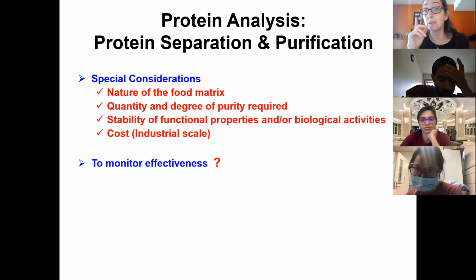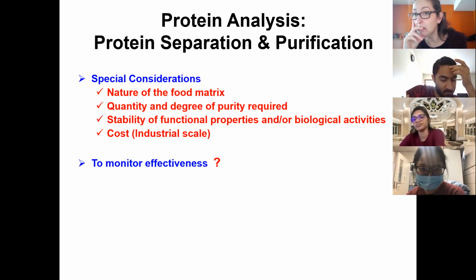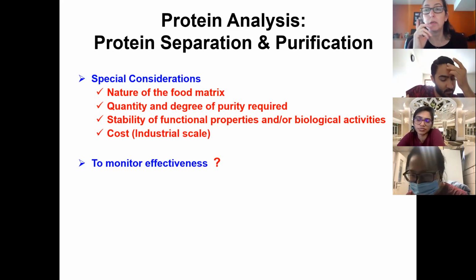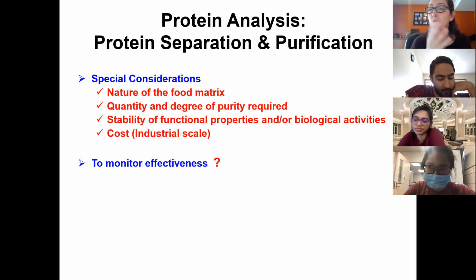So protein purity is one way to measure the effectiveness of your isolation. Ash is very important because you want to make sure that you don't have really high salt, because salt impacts the functionality of the protein and the final application. Moisture-wise, it's important. When you produce a protein ingredient, you want it to be dry with 10 to 13% moisture or lower, because for storage, you don't want microbial growth.